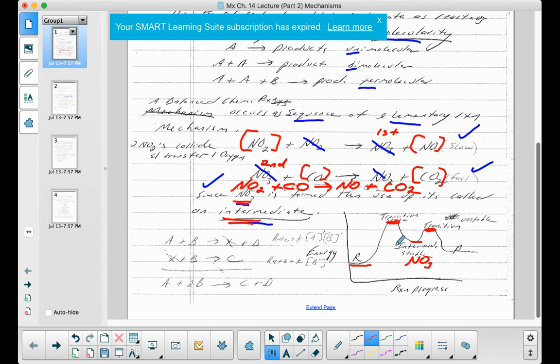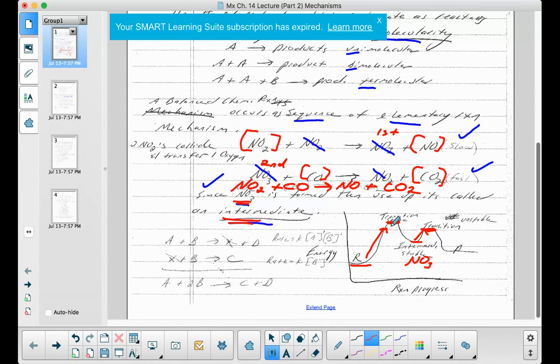So from this, I can see that this part, my first one here, is going to be my slower step versus my second step here, which would be my faster step. So this would be the first transition state, and then this would be the second transition state.